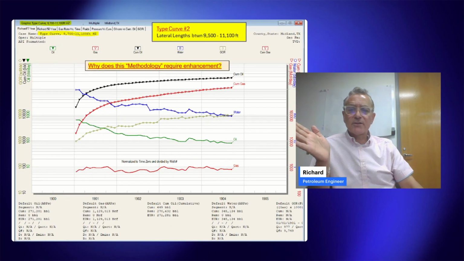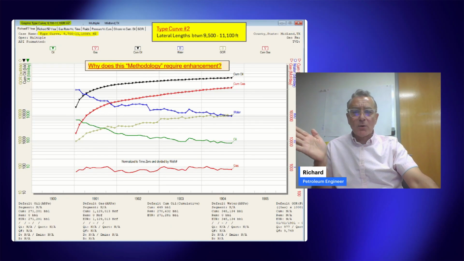Now, what I'm looking at here is when I create a type curve out of it, normalized, as we all know, to time 0. What I look at in here is the water production, the oil production, the gas production, the GOR, the cum oil and cum gas.